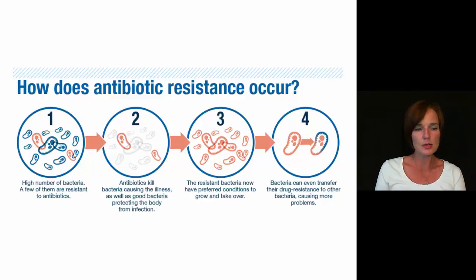The blue ones are susceptible, the red ones are resistant, and you can see that when we use our antibiotic, basically we've killed off the blue ones. They're not there anymore, which means that the red ones, the tolerant ones, are going to reproduce and survive. And if we talk about horizontal gene transfer, they can also pass that information to other cells, which can enhance the resistance of neighboring cells.